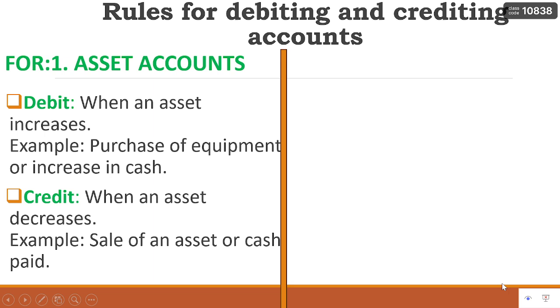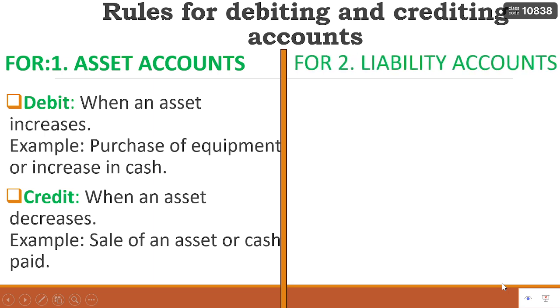If you have paid cash, be it for bills or for whatever, it might be in any form. So any payment of cash reduces the asset cash, and any sale of an asset reduces the assets you hold in the business.